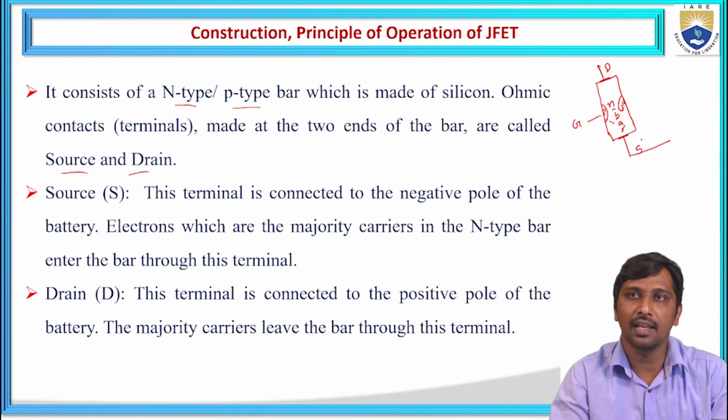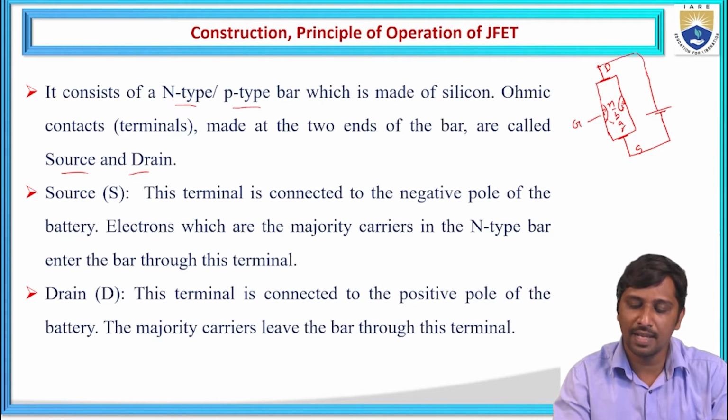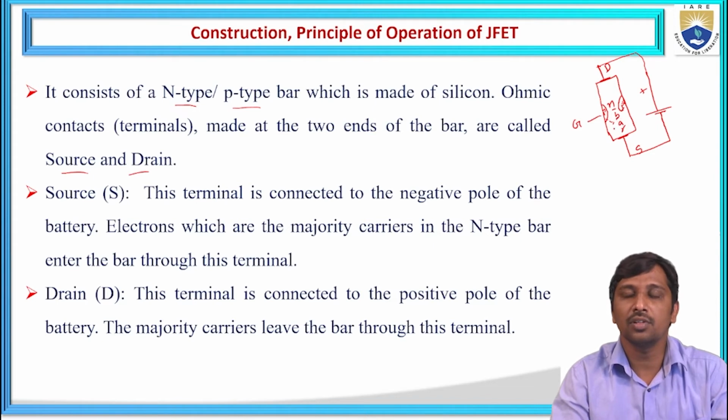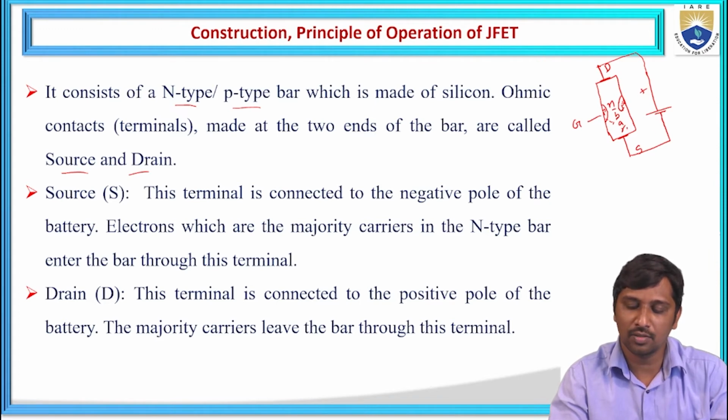The source is made with electrons, and we know that the electron is a negative charge particle. Hence, for the source side, we apply a negative bias with respect to the drain side. And if the drain is biased with a positive pole, what happens? Electrons are always attracted to the positive pole of the battery, and due to this force, the electrons are repelled from the source to drain.